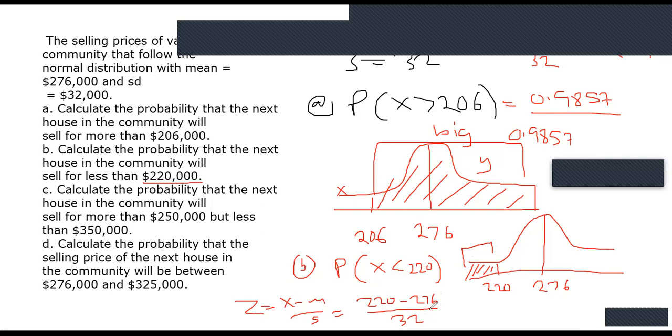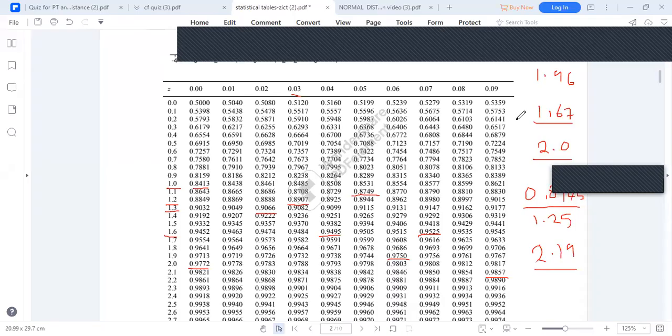This is 220 minus 276, which gives negative 56, over 32, which gives us negative 1.75. So 1.75, we go on the table now.